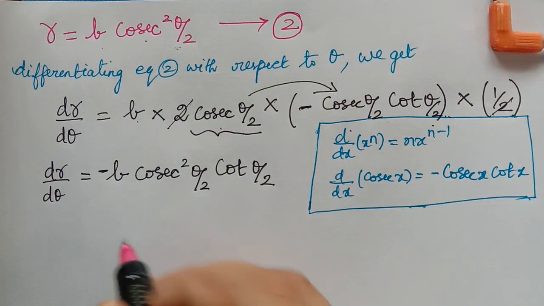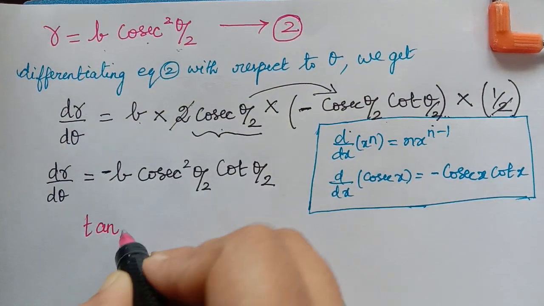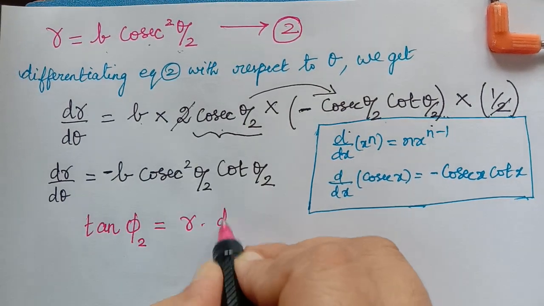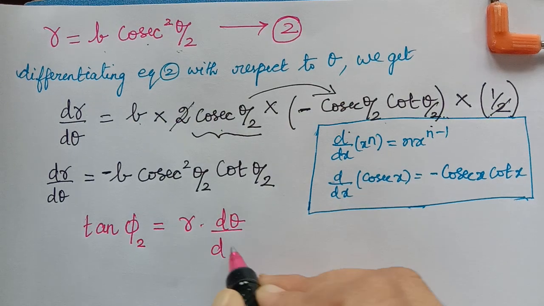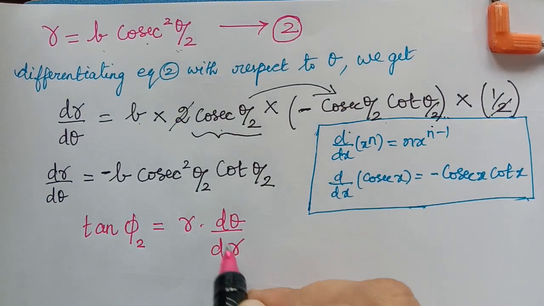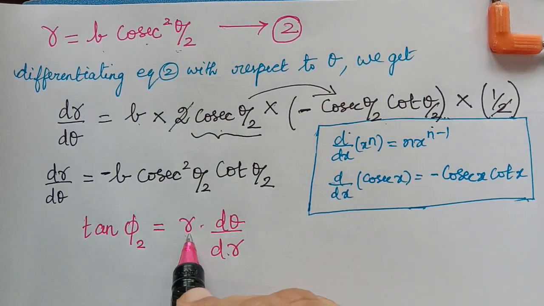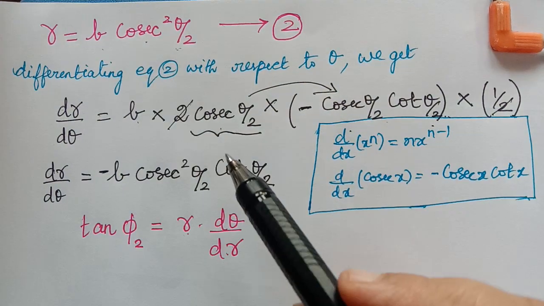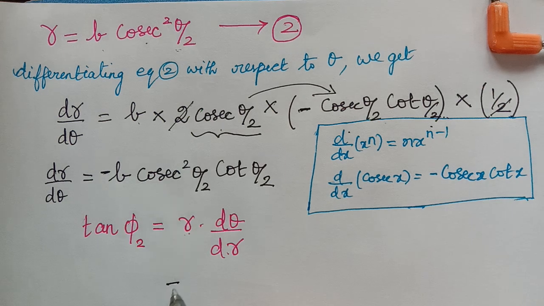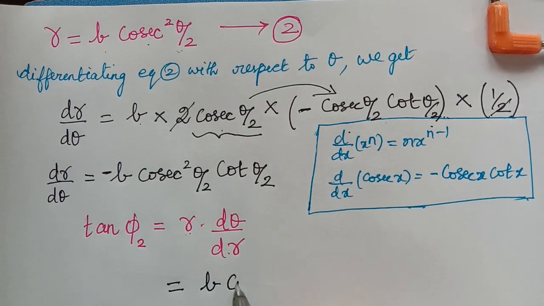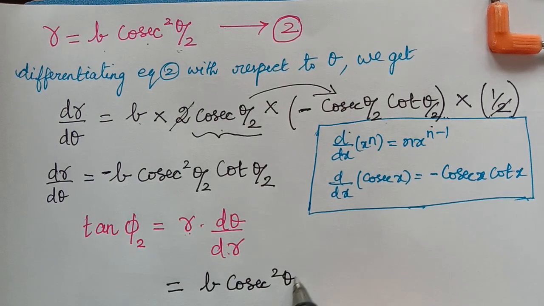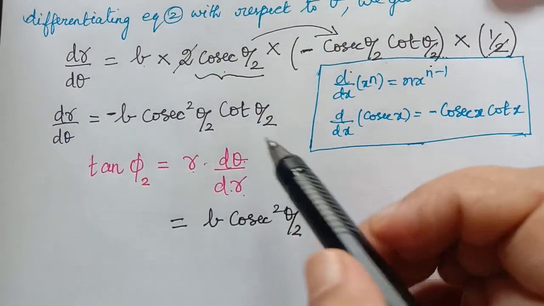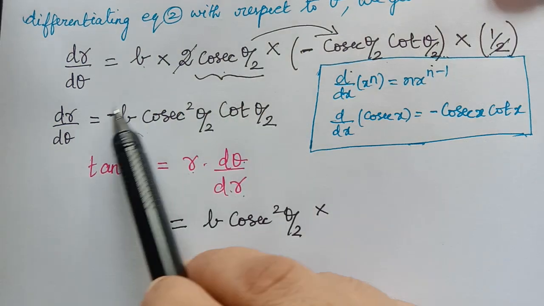After this, the next step is to find the angle phi 2. So tan phi 2 will be equal to r multiplied with d theta by dr. We shall substitute each one here. R is equal to b cosecant squared theta by 2. So we get b cosecant squared theta by 2 multiplied with d theta by dr, which is the reciprocal of this value.